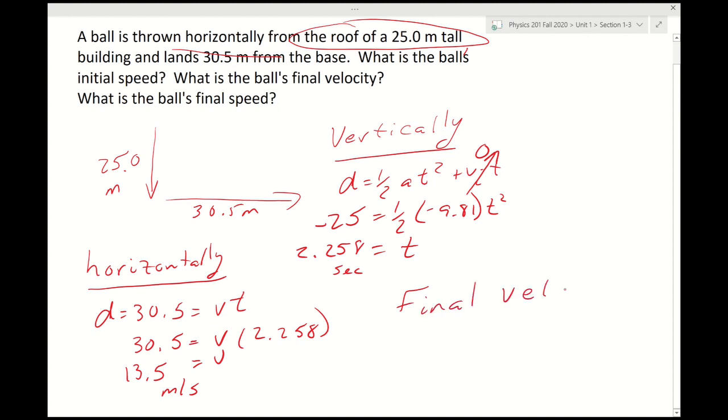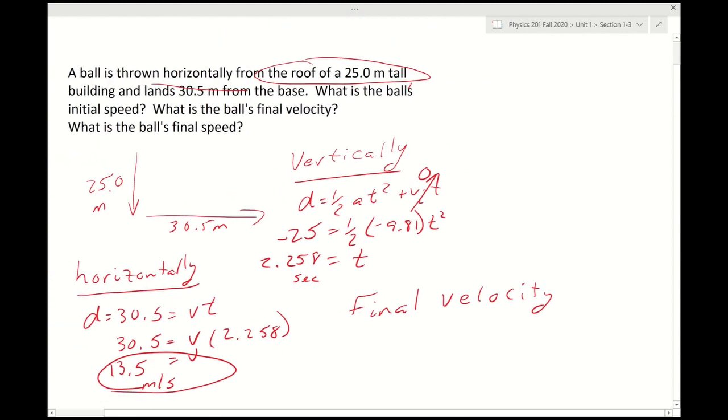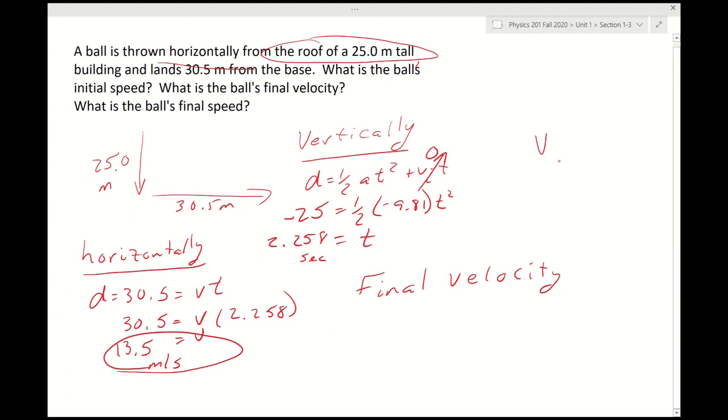Now, the final velocity. We know horizontally that's not going to change, but vertically is a different story. Vf minus Vi is equal to 2a delta y, or we could do the definition of velocity. Acceleration is Vf minus Vi over t. Either of these will work fine for finding the final velocity.